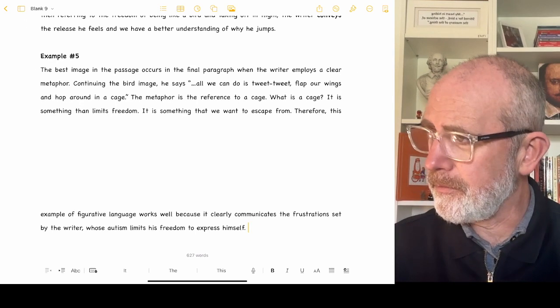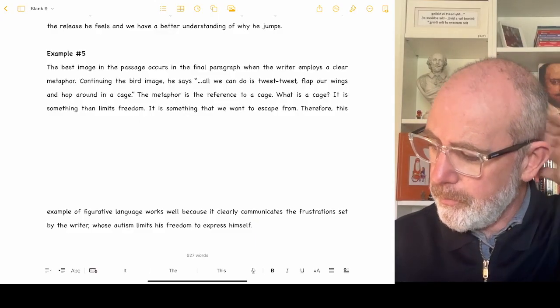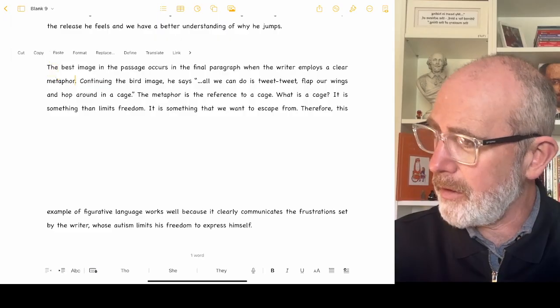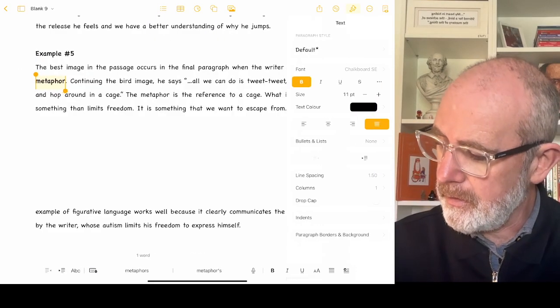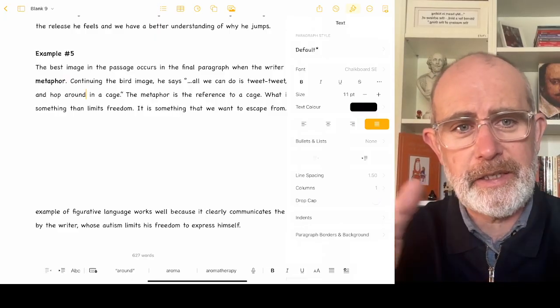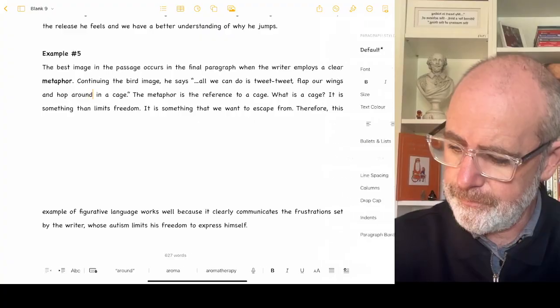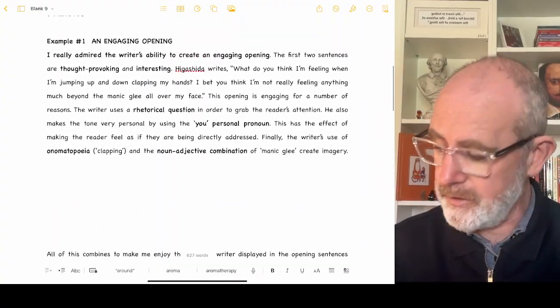Let's have a look at the last one. The best image in the passage occurs in the final paragraph when the writer employs a clear metaphor. Now again, what have we got there? We've got another very, very clear topic sentence. I know every paragraph should have a distinct identity. Look, being very boring now. First one is engaging opening.